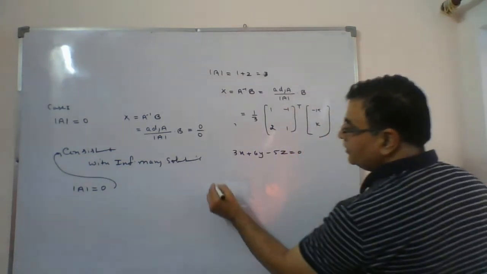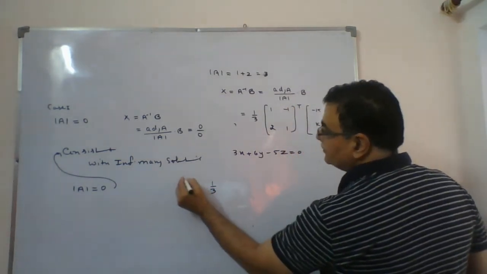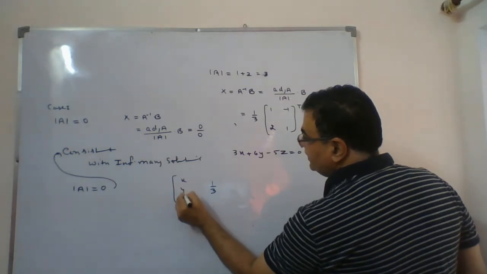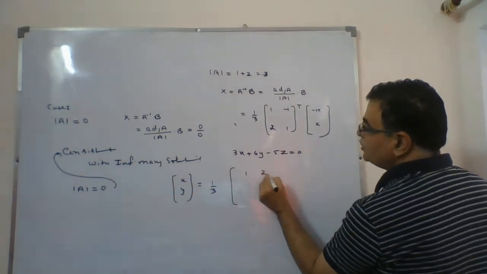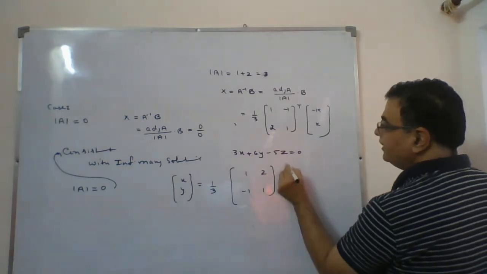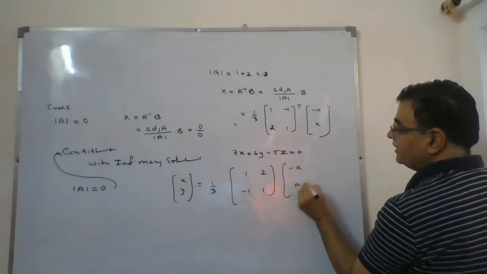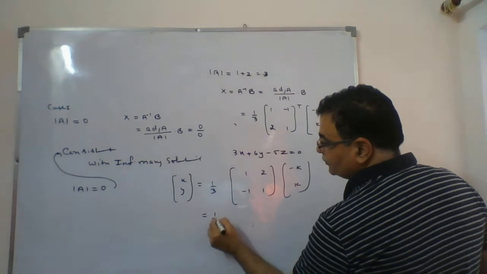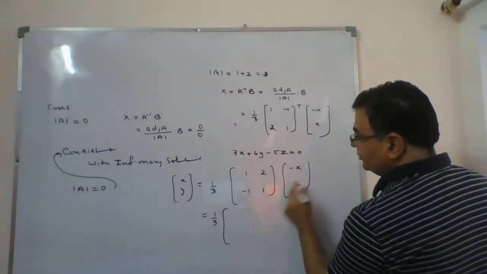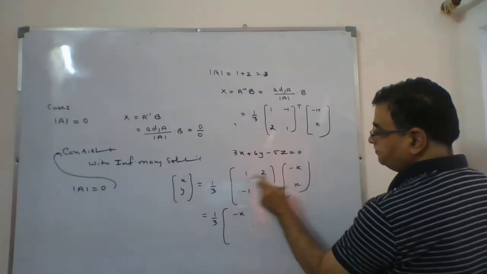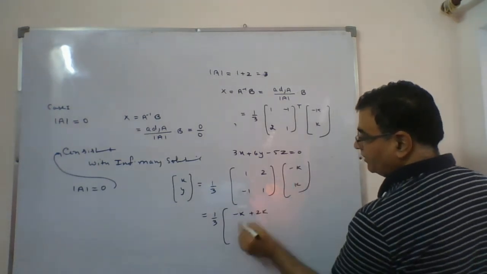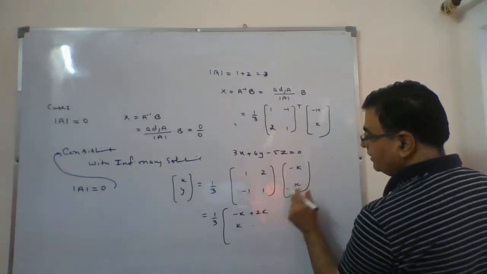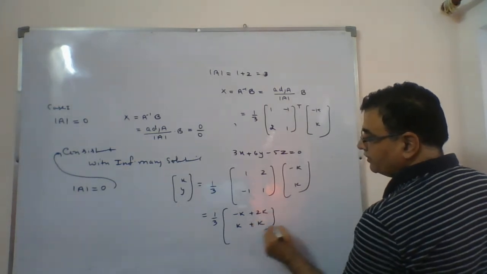What will this be? 1 by 3. This will be X and Y equal to 1 by 3. This will be 1, 2, minus 1 and 1, and then it is coming minus k and k. And then when you solve it, 1 by 3, this will be minus k plus 2k. Here it comes plus k plus k.